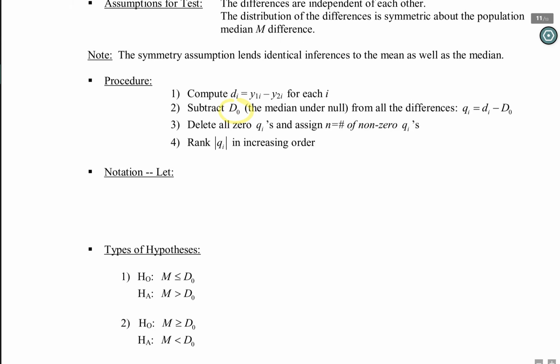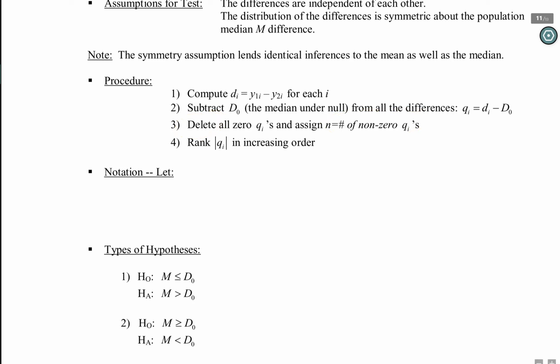So we take each difference and we subtract off the null hypothesized median difference, and then, if we have a Q that is 0, we're going to delete it, and then we're going to assign N as the number of non-zero Q's. In effect, we're ignoring the data where the Q's are 0.